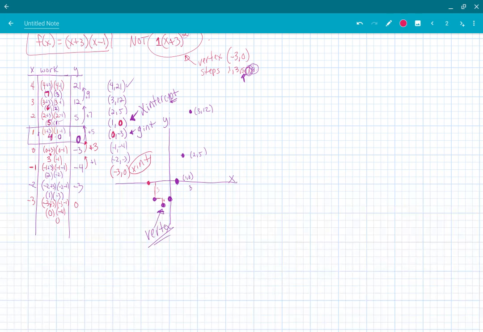Now look at these two very important points, this one and this one. Now look at the original function and tell me that you don't see those numbers there, but opposite.